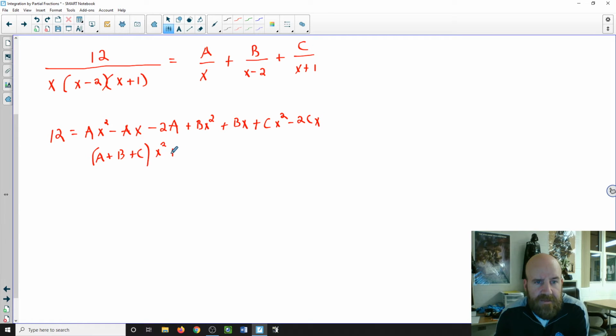So we can go ahead and take those out. So we have a negative a, plus b, and a negative 2c. And again, that's our x term, and then we have one constant term here, the negative 2a. So we put that at the end.